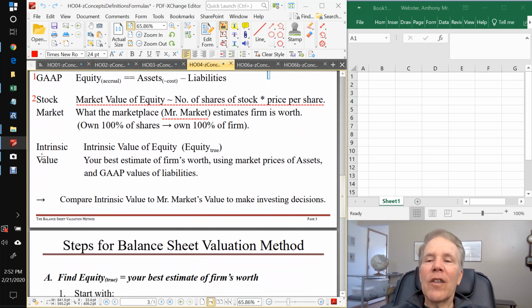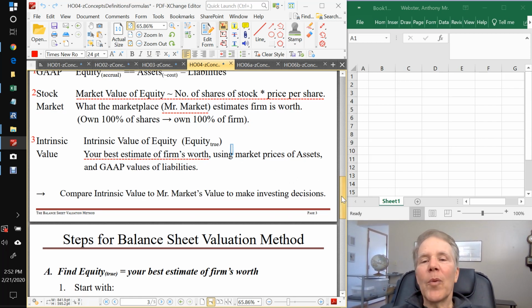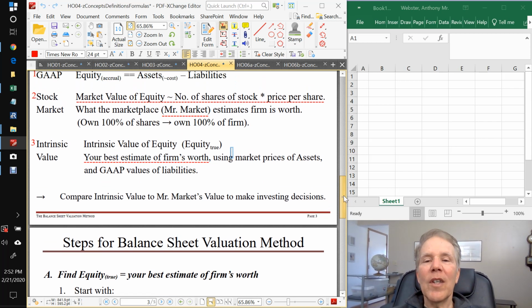And intrinsic value of the firm is simply our best estimate of what the firm is worth. Maybe we think Mr. Market is wrong, and we're going to come up with our own estimate, and that's going to help us make an investing decision.